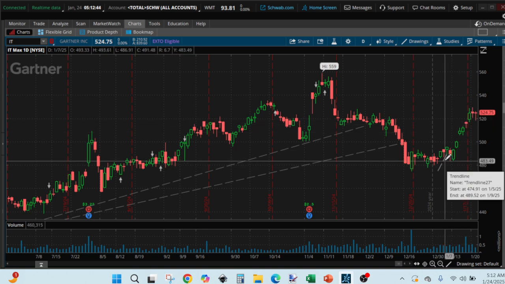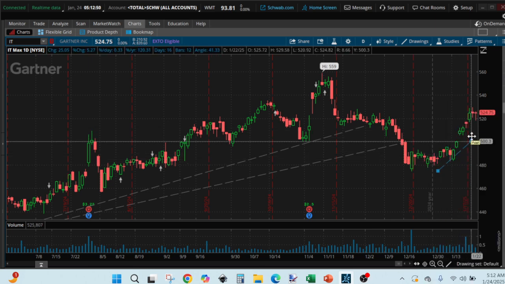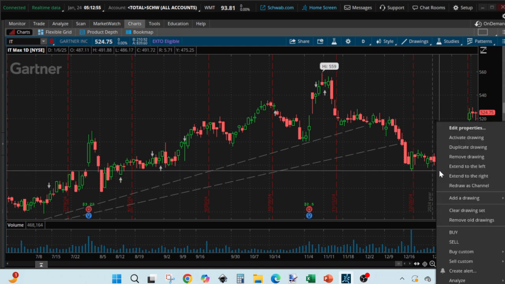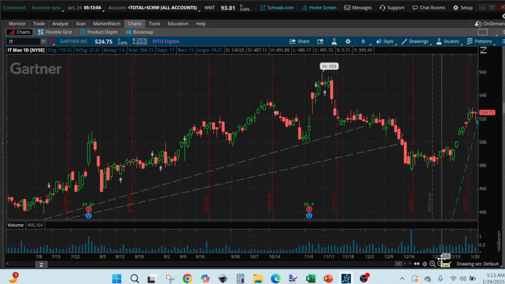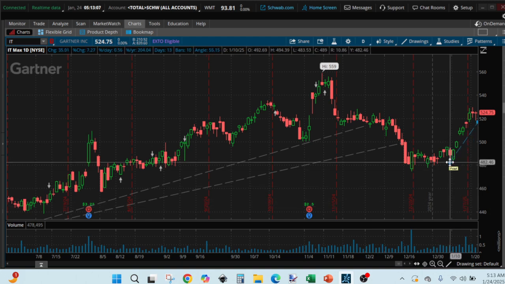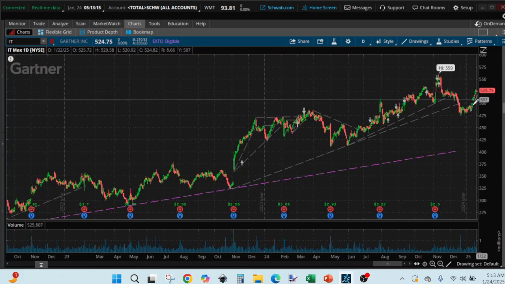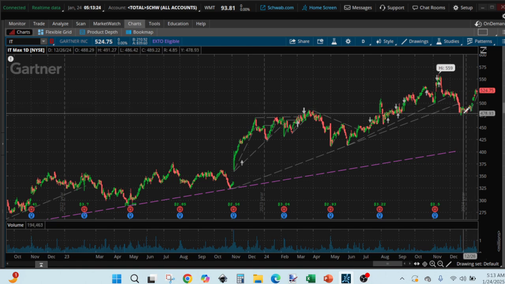So yeah, you could purchase it there, and it could go up from there as well, because it's working on another mountain.